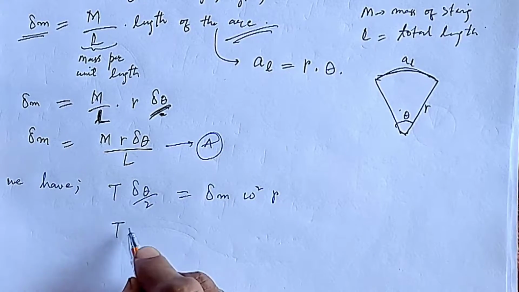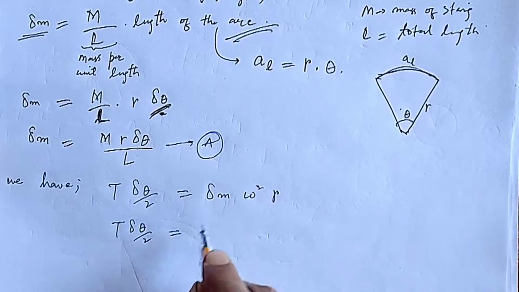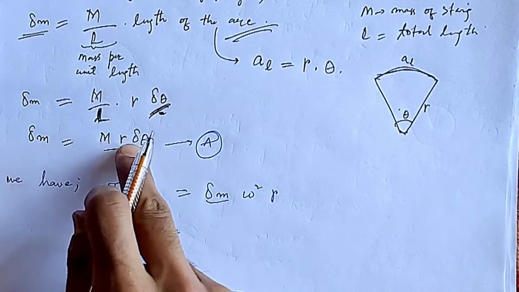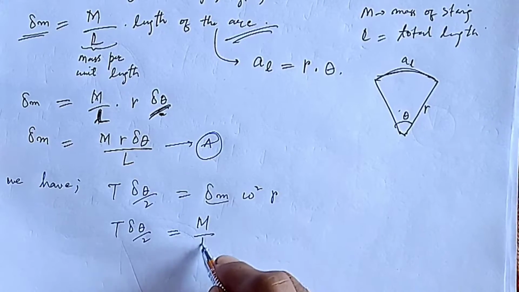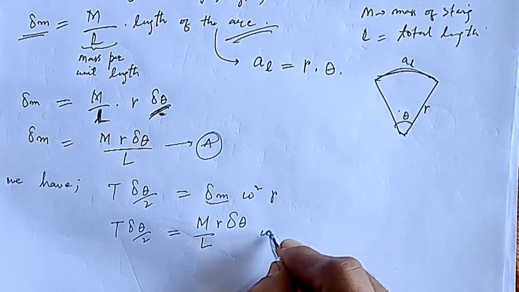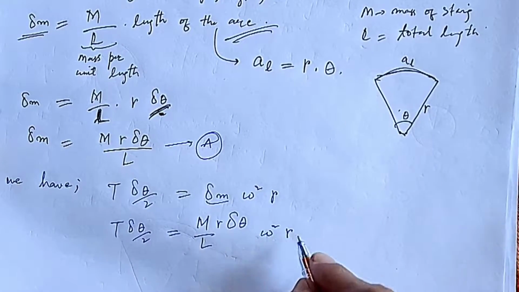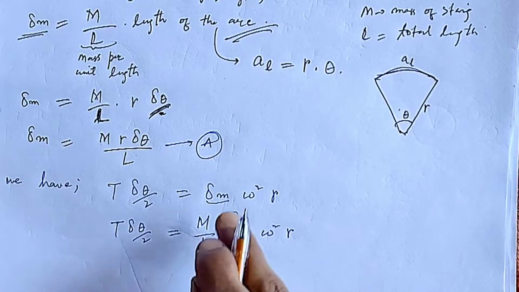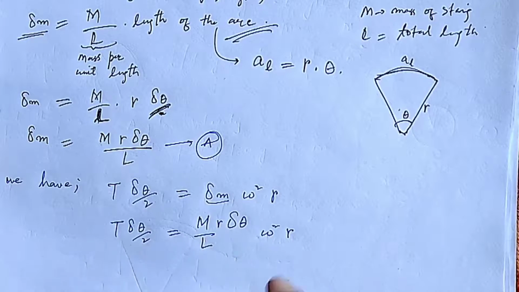So this T delta theta by 2 will be equal to delta m. Delta m is this very thing, mass per unit length into R delta theta, omega square R. Are you getting it? I have substituted this very thing here.